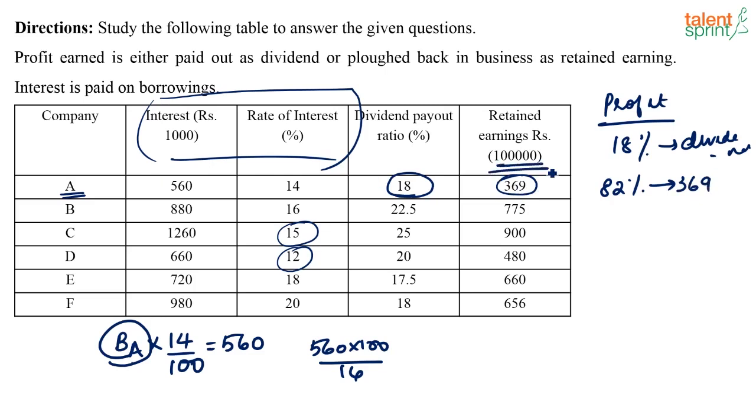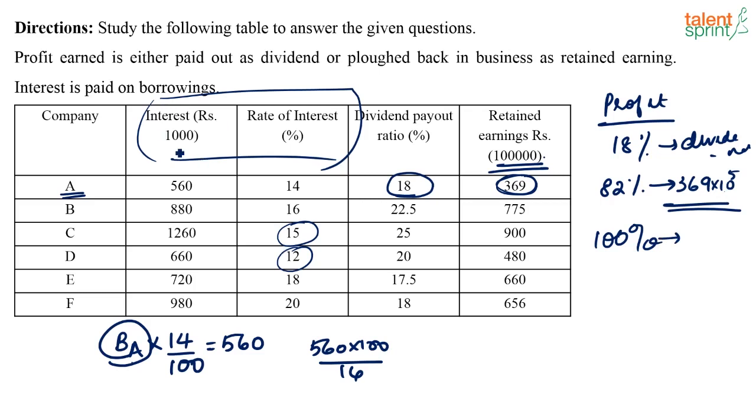Remember, it is given in terms of so many rupees, but I am just writing down this value here. The actual value will be 369 into 10 to the power 5. So this is what 82% of the profit represents, and from this you can find out what 100% of the profit is.